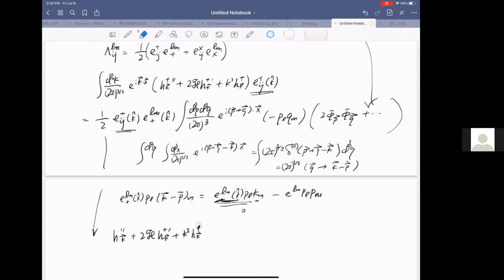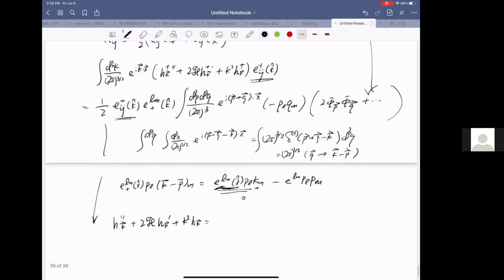I will neglect this plus sign because the equation is identical for both of the polarizations. Okay, of p_l p_m. I just put it in the integral.